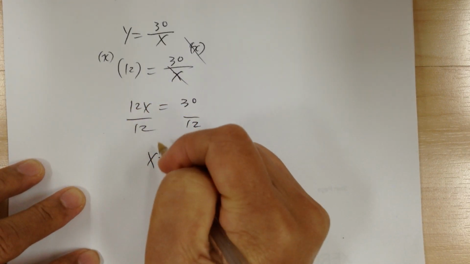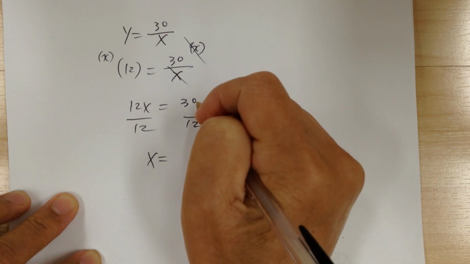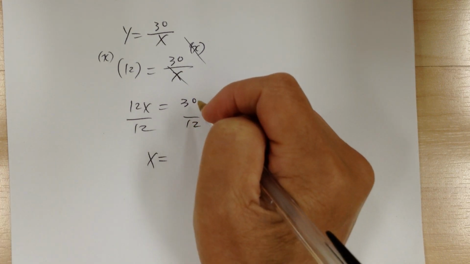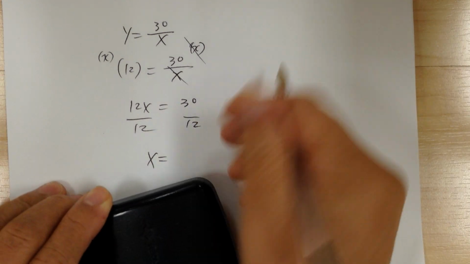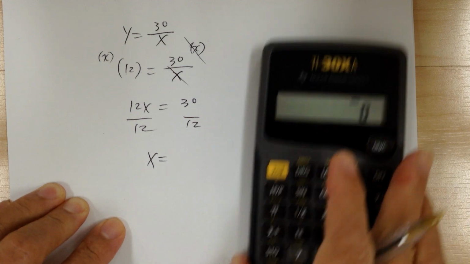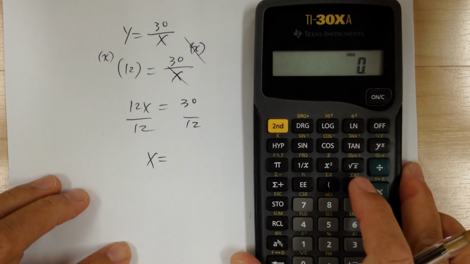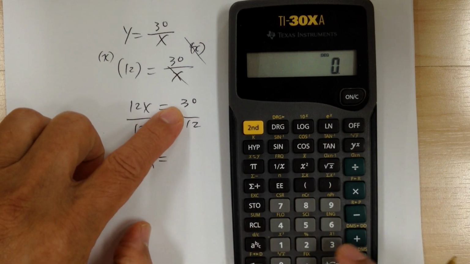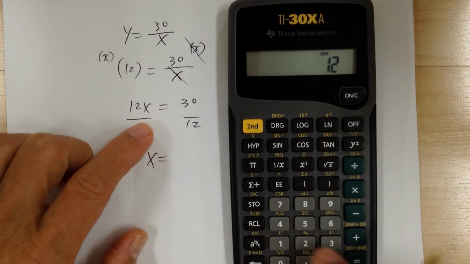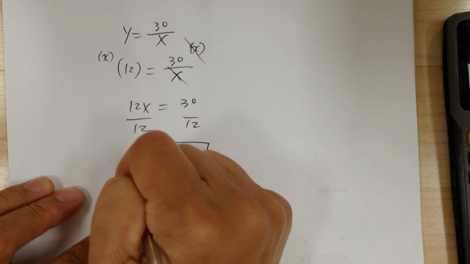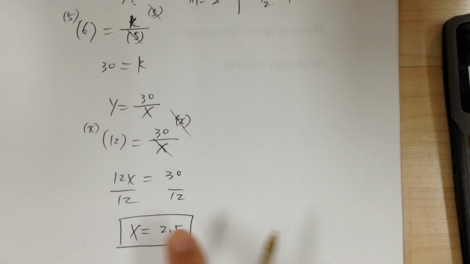So x equal to, and if you use a calculator or you just divide, normally you want to keep it in fractional form, but if it comes out exactly, if it's not like the decimal going forever, then you can just use decimal. So 30 divided by 12 just gives you 2.5. Again, all the steps are the same, right?